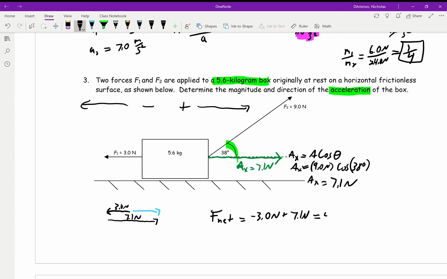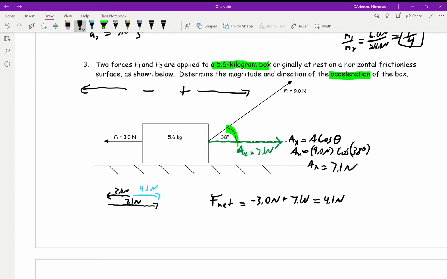This gives us a net force of 4.1 newtons. So this other piece here would also be 4.1 newtons. Now that's given us the net force. That is not what we're looking for. We're looking for the magnitude and direction of the acceleration of the box.